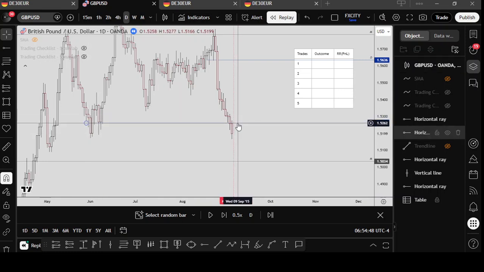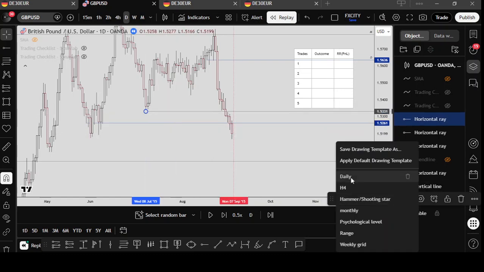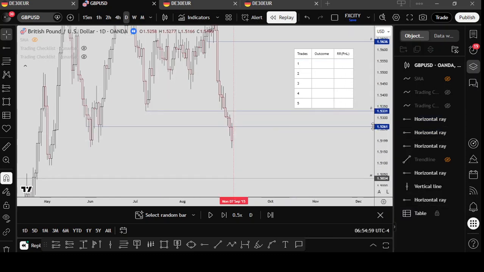So a retest of that level is very, very crucial as well for me to start selling. And also here, a retest of that level as well is still very much important for me to start selling. And I will look at potential round numbers where price can work with. So there's no round number that price is working with for this particular price action.